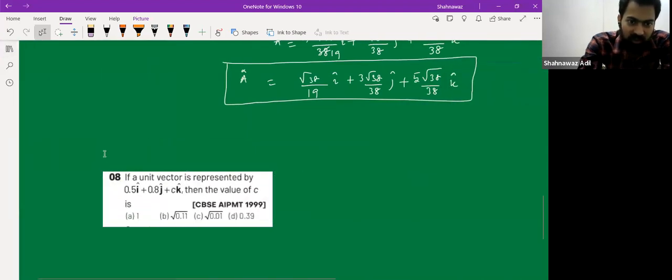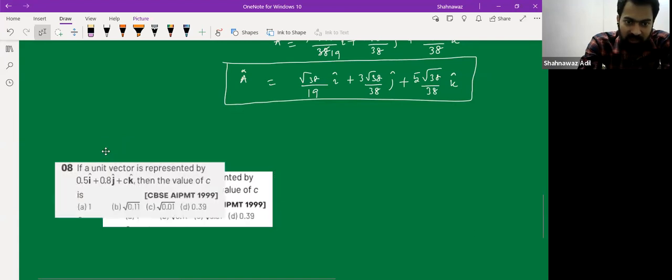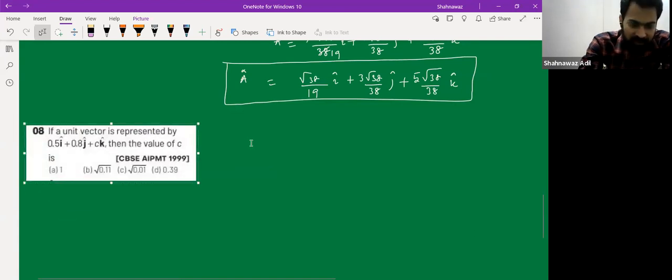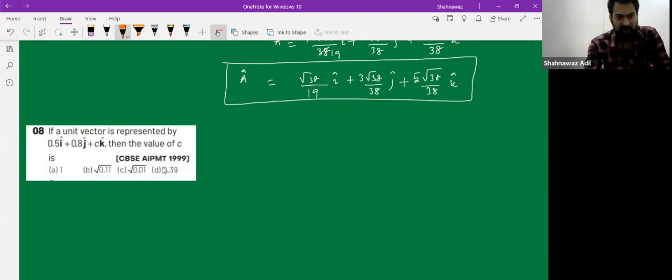Yes. So you see, in the above question we did this kind of question, right? What is the information that is given in this question? The crucial information is that it is a unit vector, right?